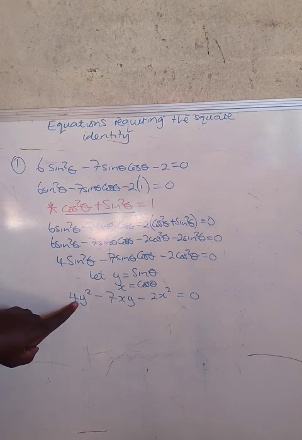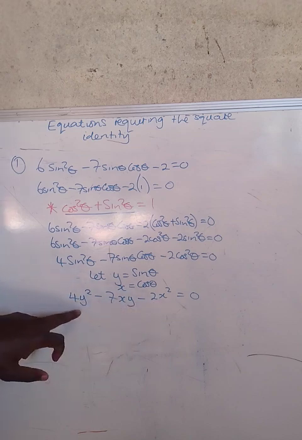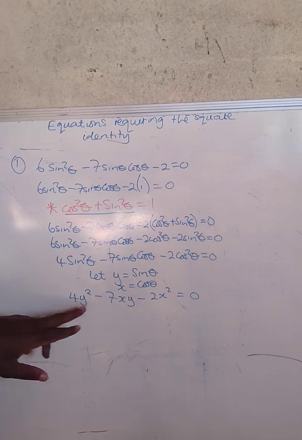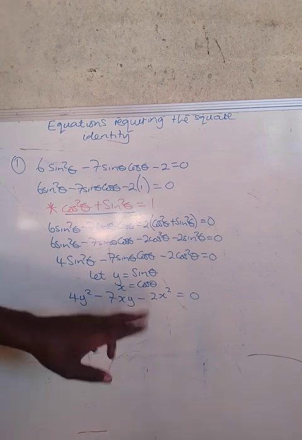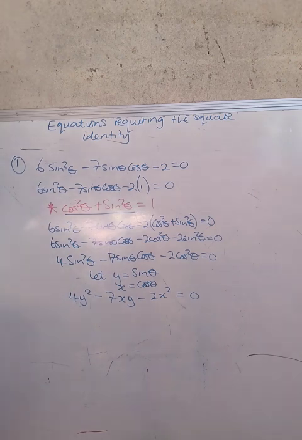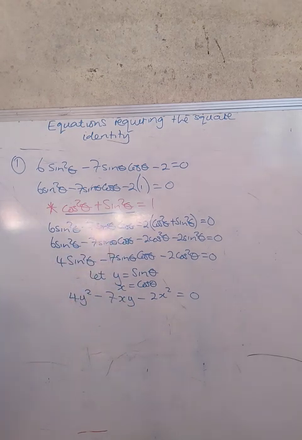How? If you multiply the first term and the last term, what do we get? We are going to get minus 8xy squared. Then what do we do? The factors of minus 8 which can give us minus 7.